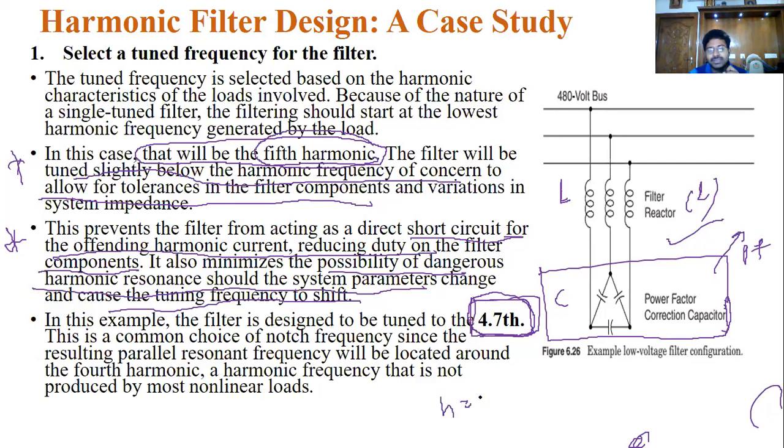Here H is equal to 5, the fifth order harmonic, but they design the filter for H equal to 4.7, near to 5. Why that 0.3% gap? Because you can allow some tolerances of the RLC parameters.